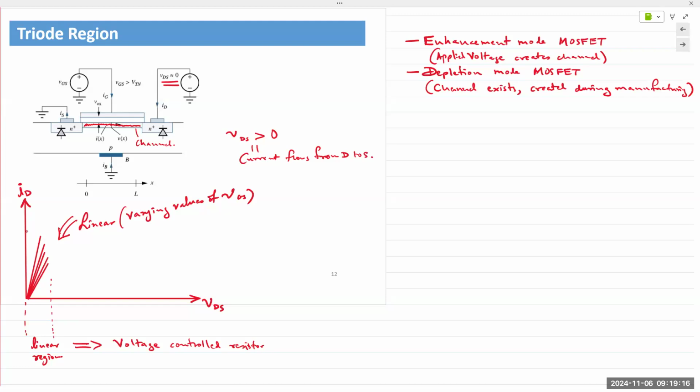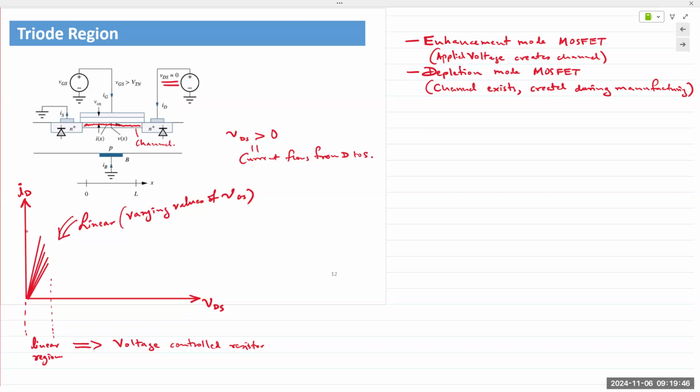So again, we pick the terminal and say this is the source and this is the drain, but it's a symmetrical device. If we applied a positive voltage at the source and a negative at the drain, electrons would flow in the opposite direction. So now current would be flowing from the source to the drain, but we wouldn't call it the source anymore. We would call it the drain because the electrons are being sourced from the other terminal.